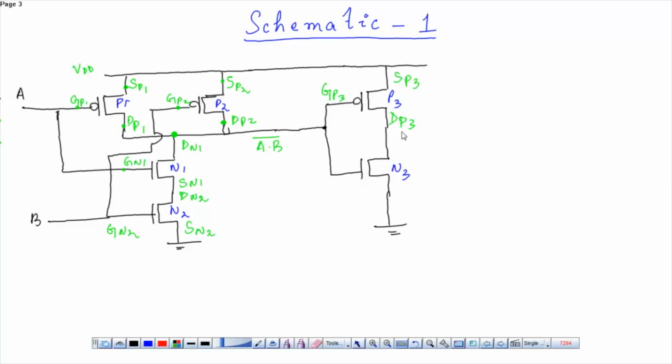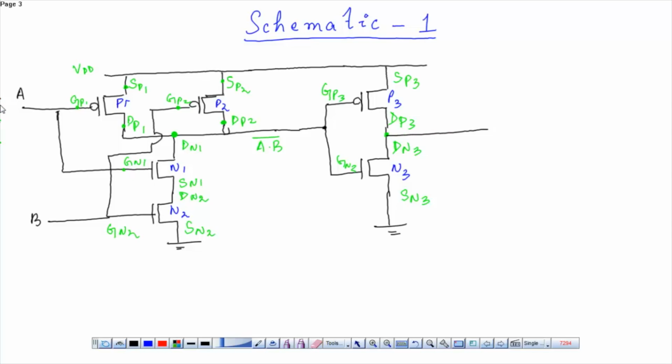Again the output is obtained from the point of connection of the drain of PMOS and the drain of NMOS. So this is the terminal, this is the drain of N3, gate of N3 and source of N3.